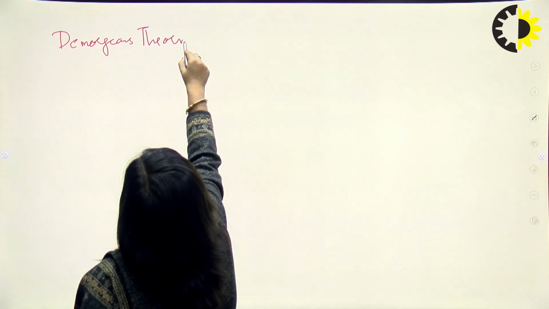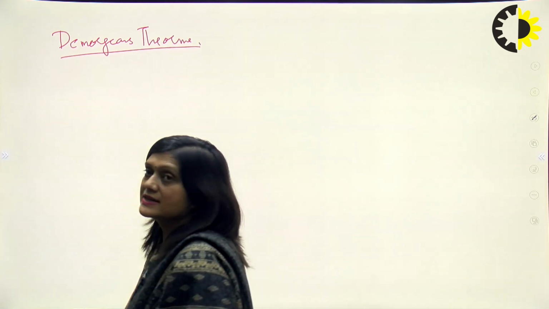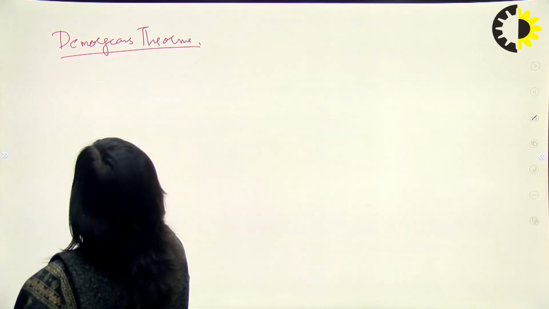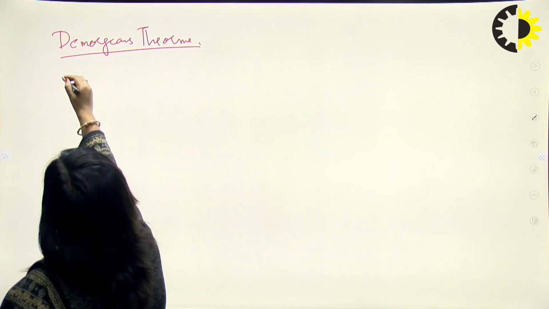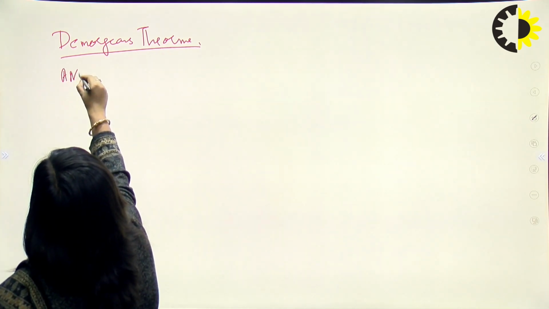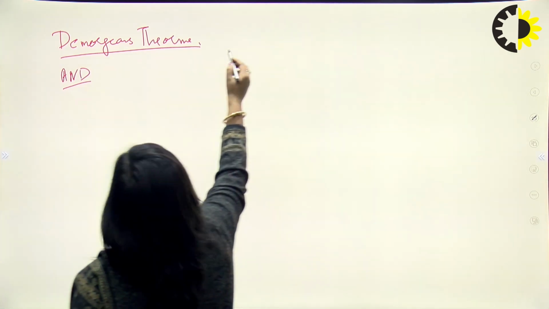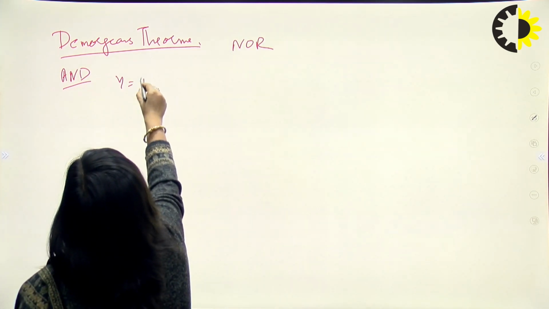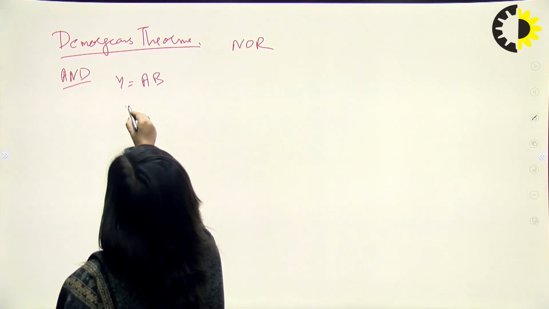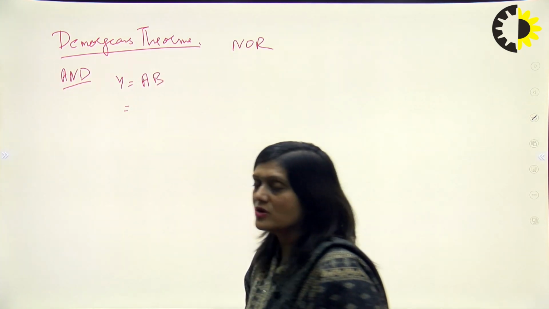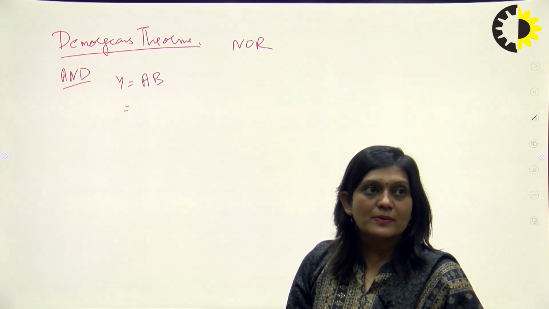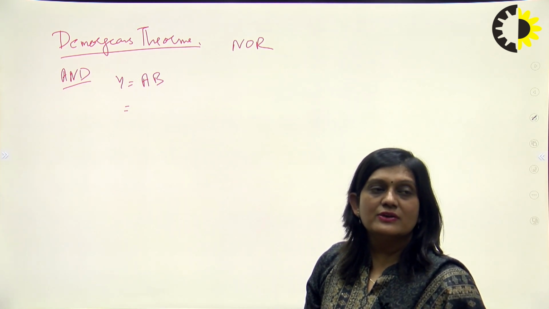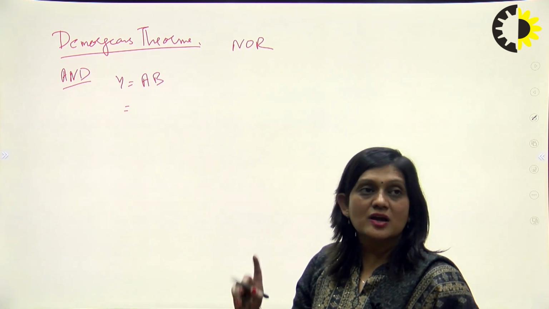For implementing these gates, like we have to make the AND gate with the help of the NOR gate. So the expression for the AND gate is y is equal to AB. So for using the De Morgan's theorem instead of the bubble method, we want to design the AND gate with the help of the NOR gate.